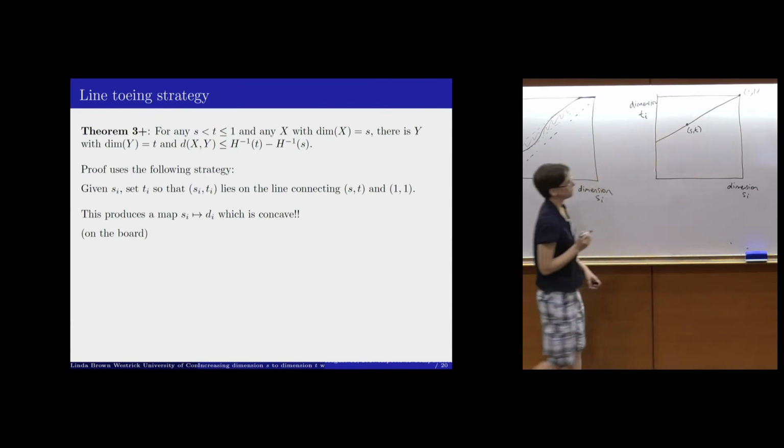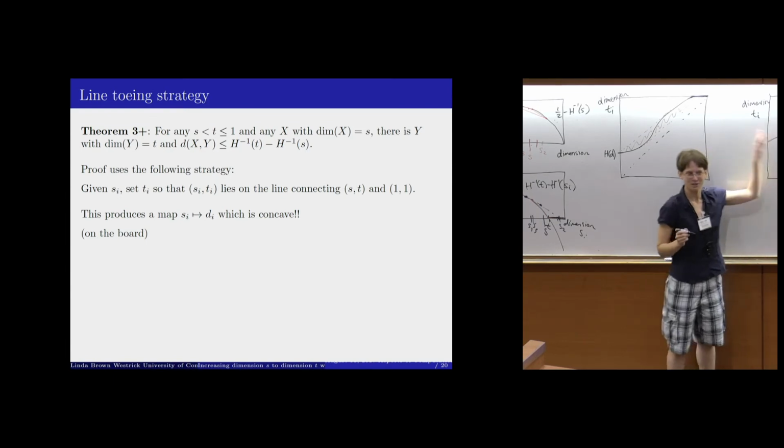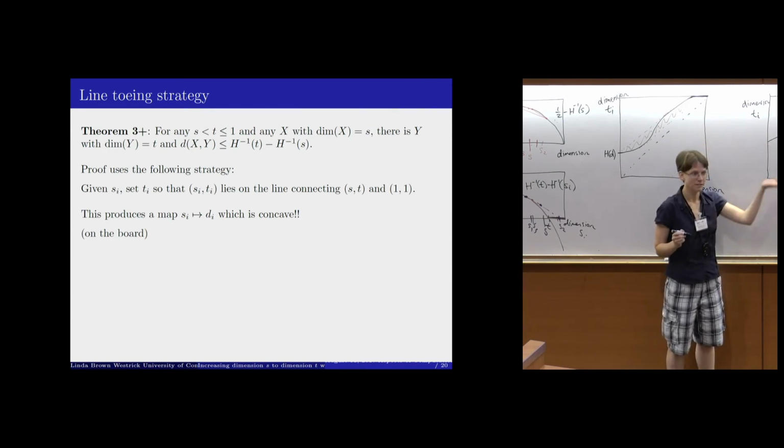Now, the rule is whenever the opponent gives you the si, you just pick whatever ti is needed in order to stay on this line. If you do this, then you will definitely end up with a Y that has an effective dimension that's large enough.